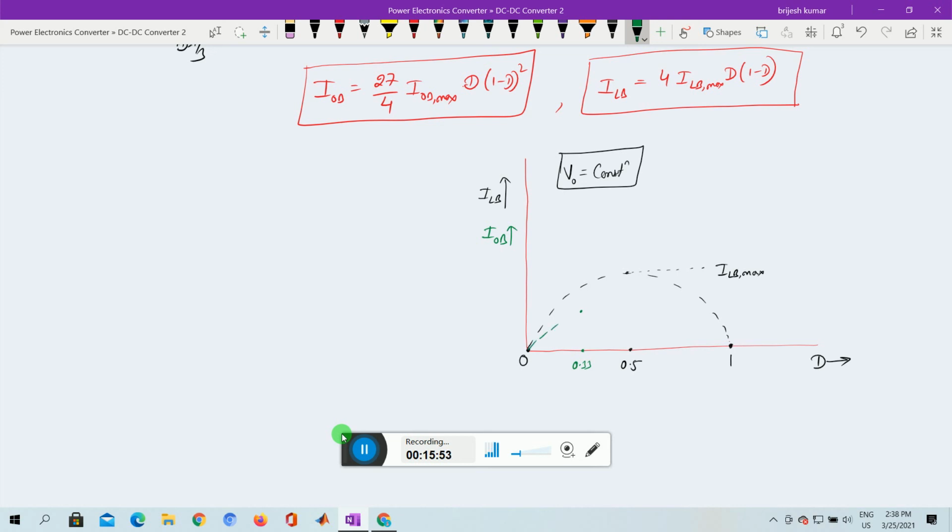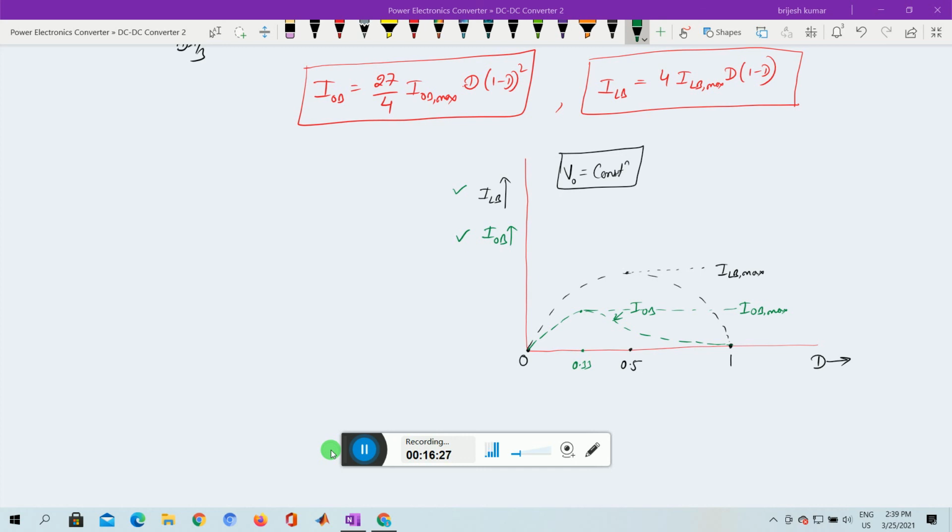You will get a curve like this, ending at 1. So the curves for various values of D, for ILB and I0B, are shown in this figure.